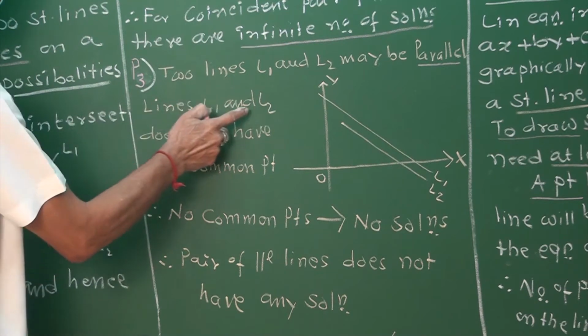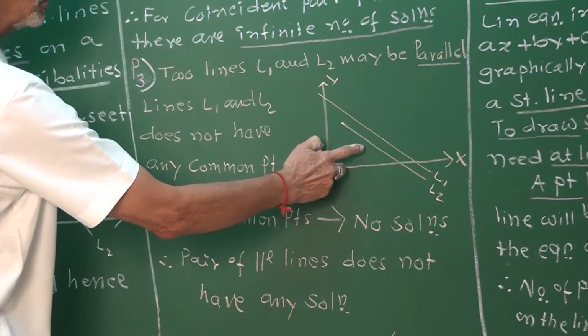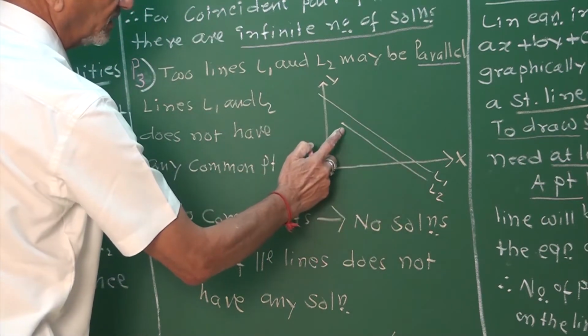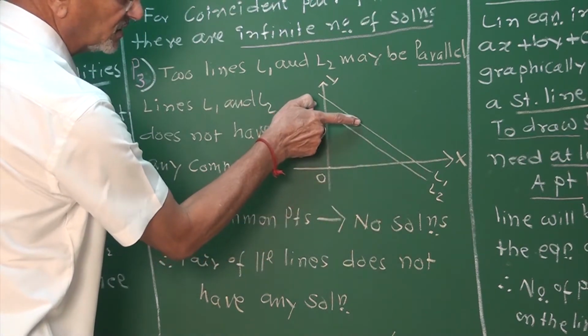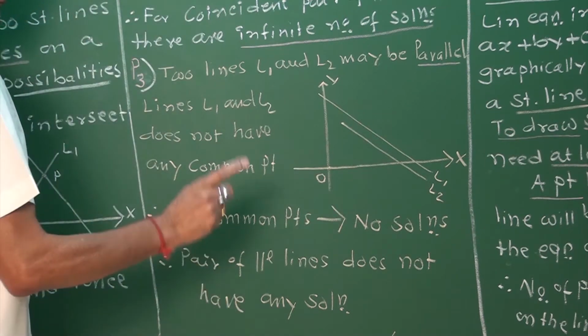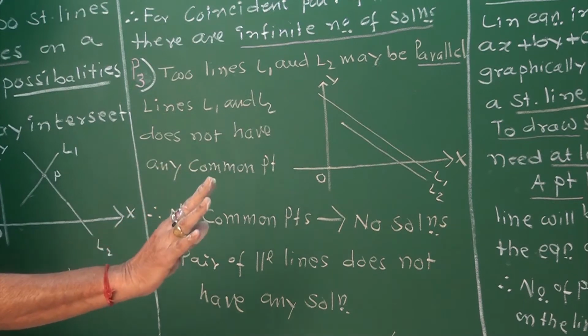Therefore, lines L1, L2 do not have any common point. It is an observation. Do they have any common points? Points on L1 are different, points on L2 are different. It is observed there is not a single point which is common to L1 and L2. Therefore, when the two lines are parallel, there are no common points.